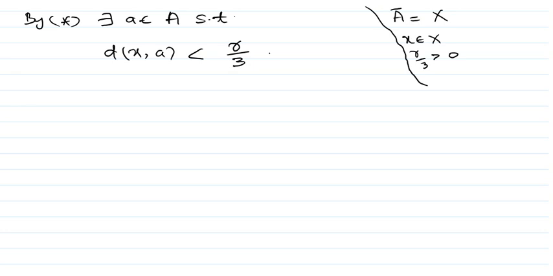In other words, the point A belongs to the sphere with radius r by 3 and center x. In other words, this A, which is a point of capital A, is also in S r by 3 of x.